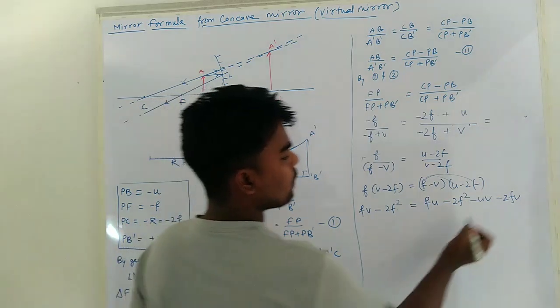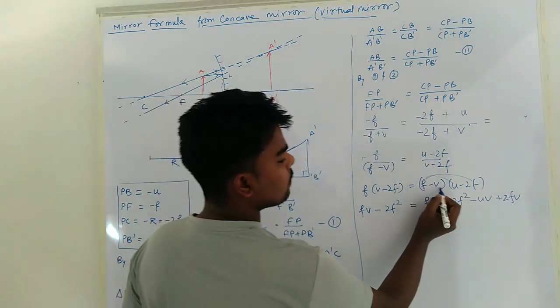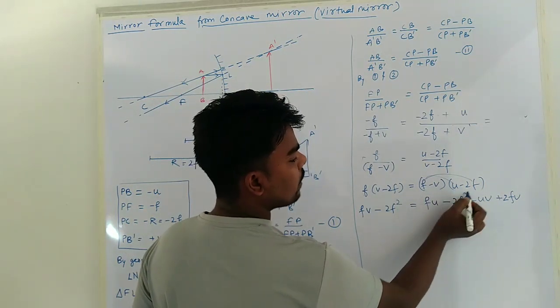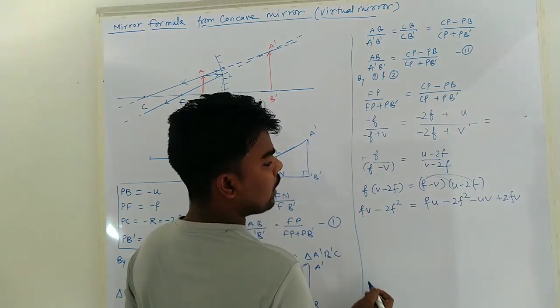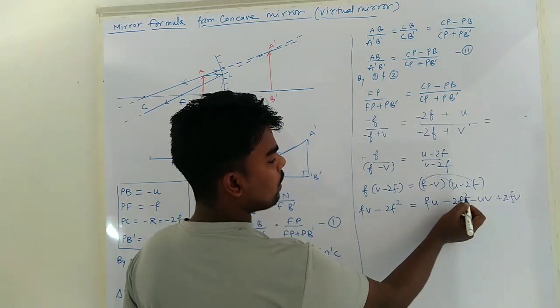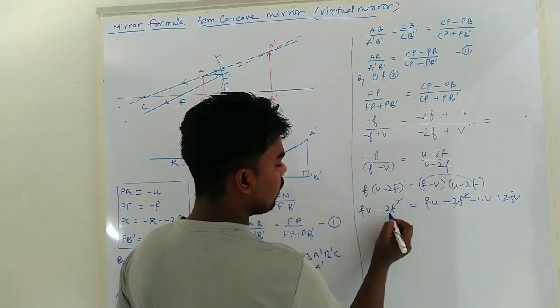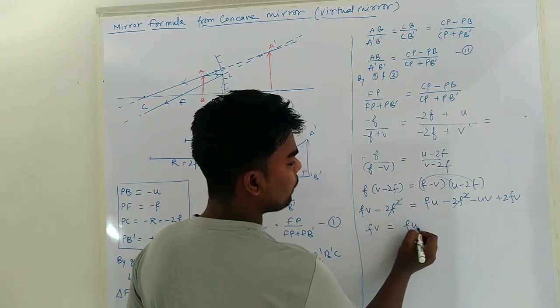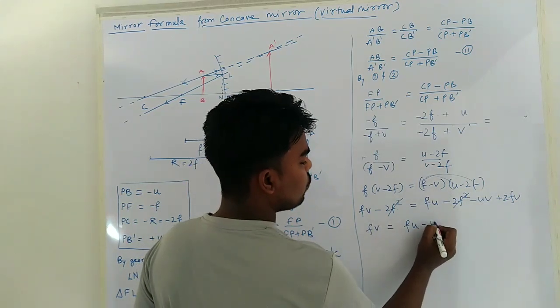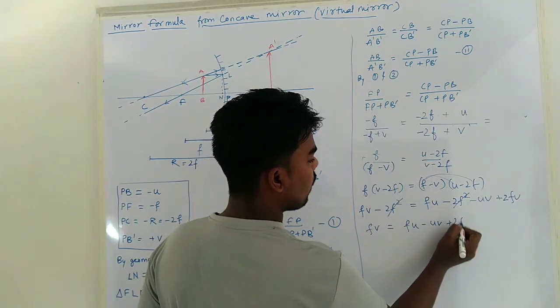Minus minus will become plus. This is minus FU, and then minus V is multiplied with minus 2F, so it will become plus 2FV. So what will be cancelled here? Minus 2F square and minus 2F square will be cancelled. You will have FV is equal to FU minus UV plus 2FV.